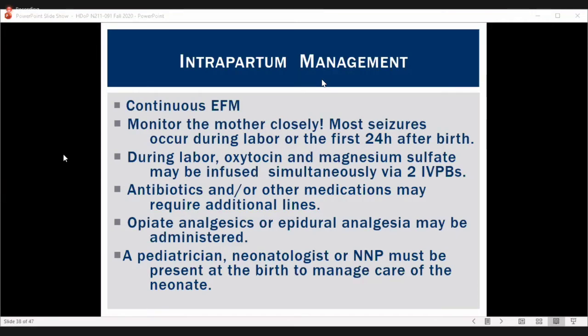So you're constantly titrating what you're giving with what's compatible with what. Now your oxytocin is a continuous infusion. Your magnesium is a continuous infusion. Your maintenance IV fluid is a continuous infusion. So you might actually need 3 lines for a patient that's GBS positive, right? And you piggyback your penicillin into your lactated Ringer's.